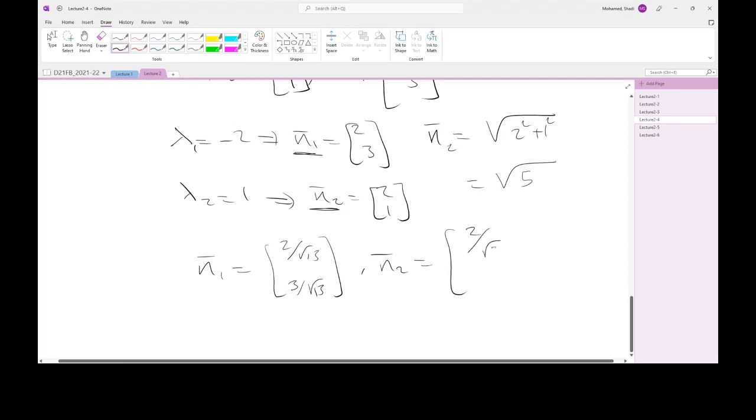It is 2 over the square root of 5, 1 over the square root of 5. This is something like a convention, and you can use this convention basically to agree on a specific eigenvector. All right. So these are the eigenvectors and the eigenvalues. And this is the last thing I wanted to discuss today.